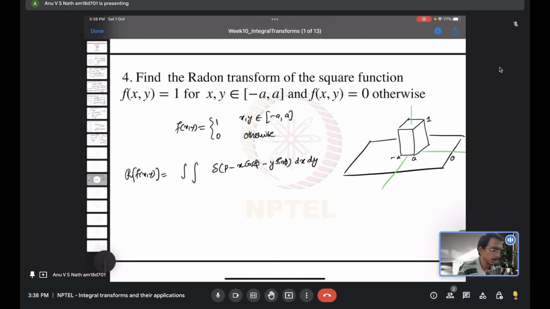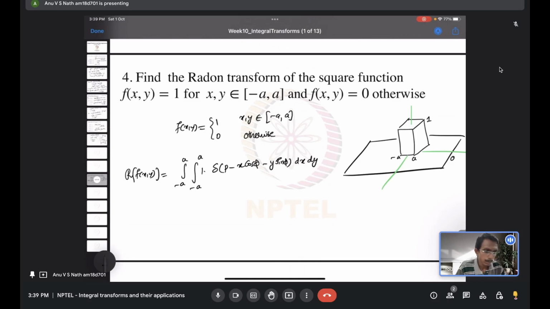Here the function is 1 only in the interval minus a to plus a for x and y. So x is going from minus a to plus a and y is going from minus a to plus a, and the function is 0 in the other domain. So that integral will become 0. We actually split the integral from minus infinity to plus infinity into the integral in that particular box region, minus a to plus a in both x and y, and the integral outside, but outside it is 0.